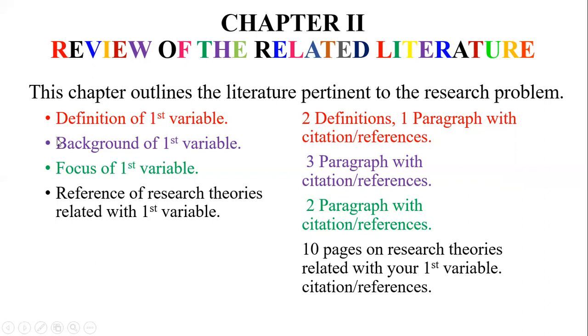So that's why I put a first line: this chapter outlines the literature content related to the research problem. You can explain various terminology, or you can write that this chapter includes definitions, background, focus, references, research theories, and so many factors, characteristics, benefits, disadvantages, sector role, and everything you want written in your main headings would be part of this line.